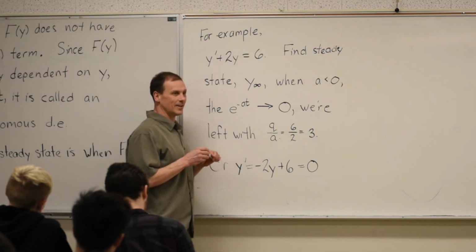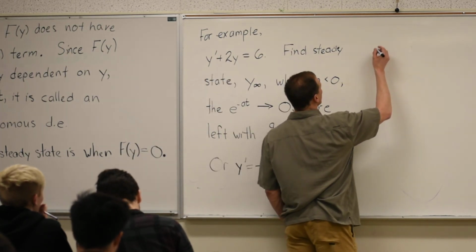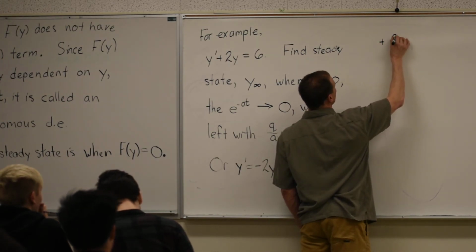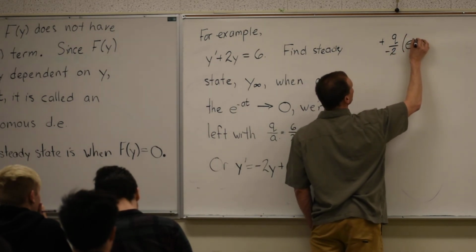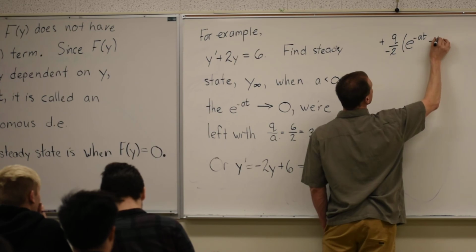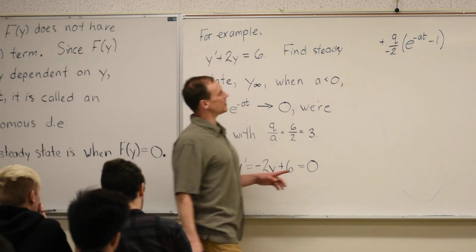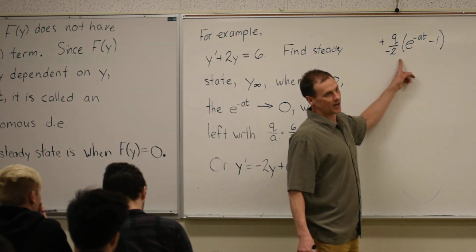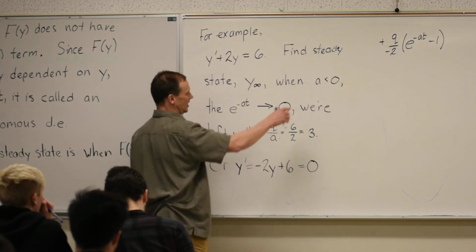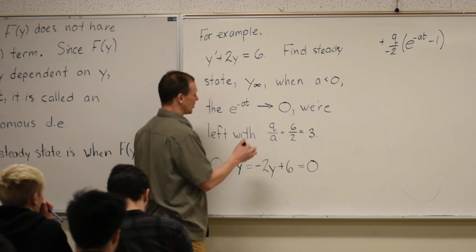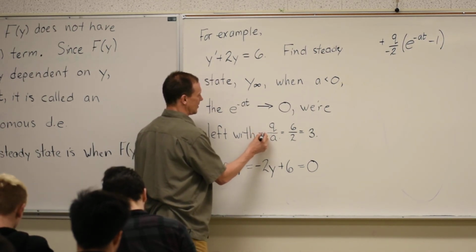Or you just bring it to the other side: if the differential equation is y prime equal to minus 2y plus 6, a is negative 2. On the right-hand side, that's where you're going to pick up your positive q over a, so it is going to work out. You're right, a is negative, but when you multiply it out, in the end, it's negative q over a. Good, you're right.